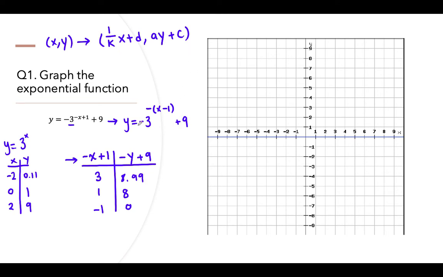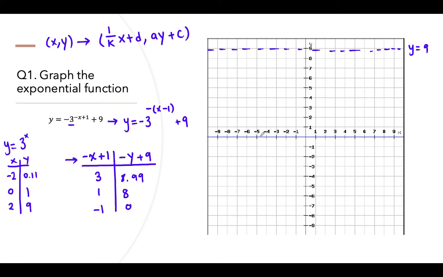Okay, so let's see. First thing first, let's label our horizontal asymptote. So horizontal asymptote is at 9. So let me draw the horizontal asymptote at 9. So I'm going to label y is equal to 9. This is a line that the graph will never ever cross.